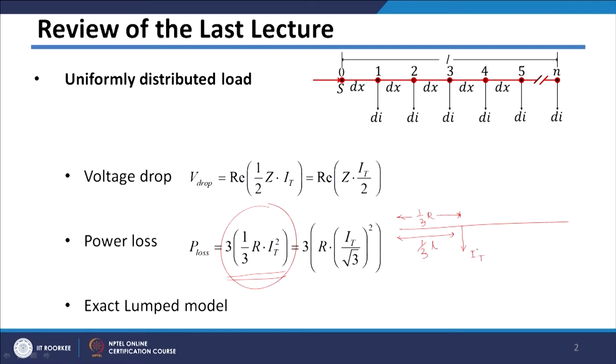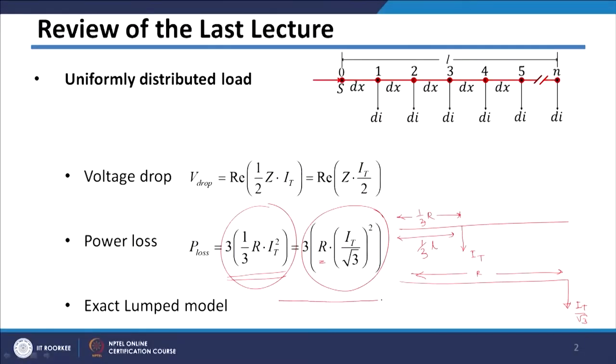And then similarly, by seeing this part of equation, which is exactly the same as the first part, we can lump this current at the end, but the current lumped at the end will be IT by √3, and in that case total resistance of the feeder will come into picture, which is this R here. So, from this we can understand that for calculation of voltage drop and calculation of power loss, loads are to be lumped at different locations.